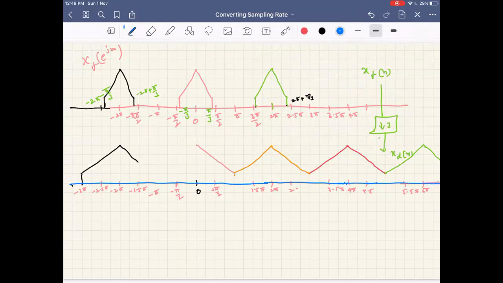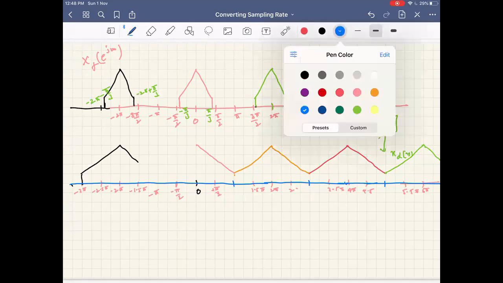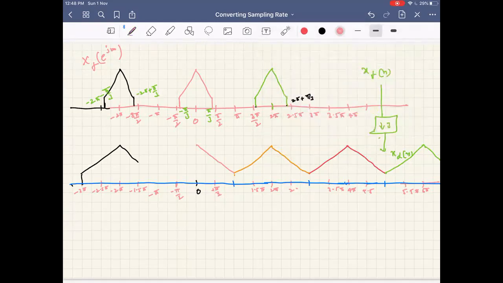Okay, so you can see that this is minus pi, pi, 2 pi, 2.5 pi.